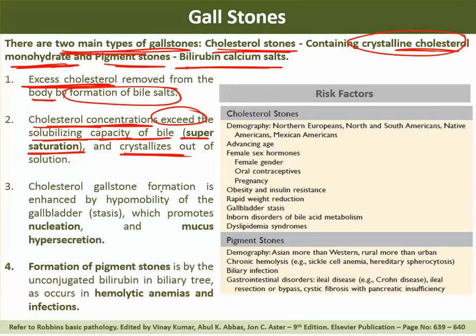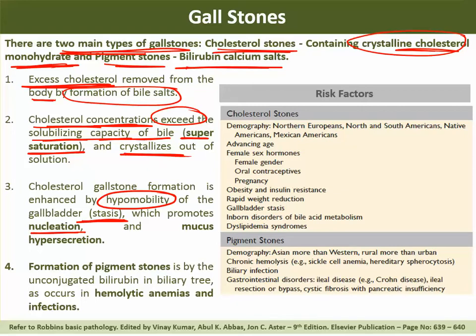Another reason is hypomobility of the gallbladder. Motility of the gallbladder is affected, so the content stays in the gallbladder for a longer duration. This is called stasis. When the cholesterol is more, the bile is less, supersaturation happens, the motility is affected and the content stays there for a longer period, then all the substances come close together and join together to form the stone.